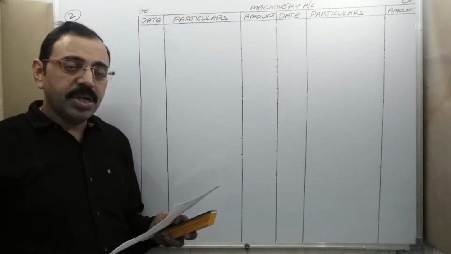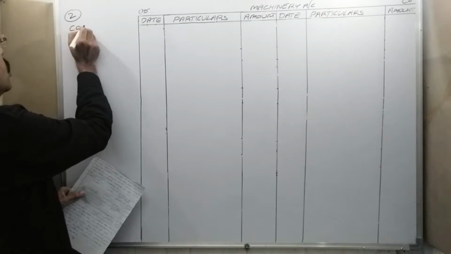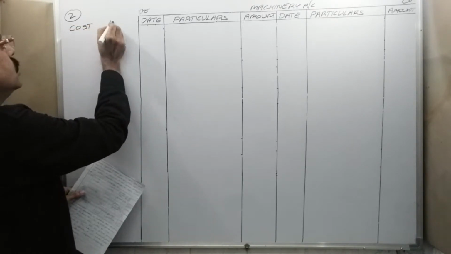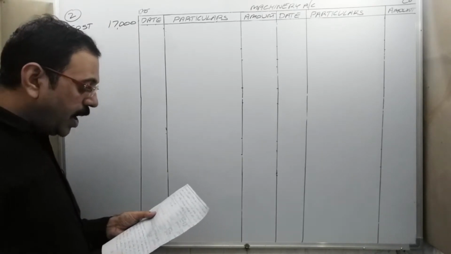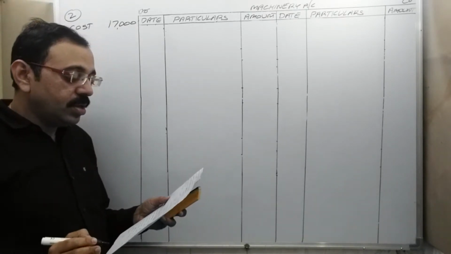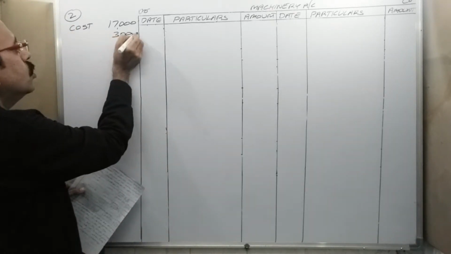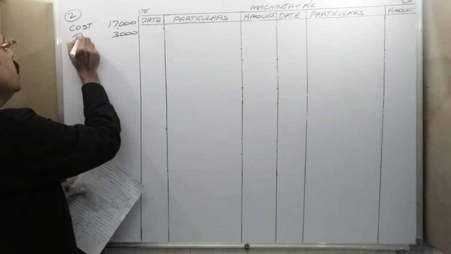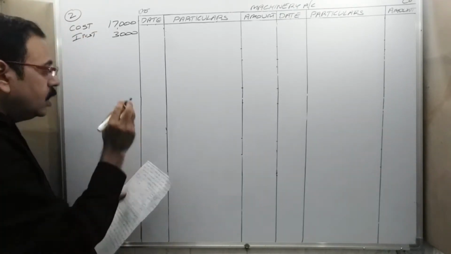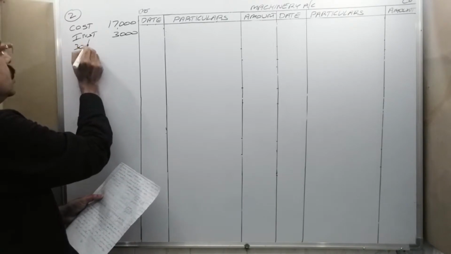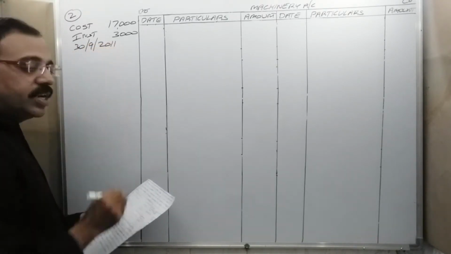Ganesh bought a machine for 17,000 rupees. Cost of the asset is 17,000 rupees, and he paid for its installation 3,000 rupees, on 30 September 2011.